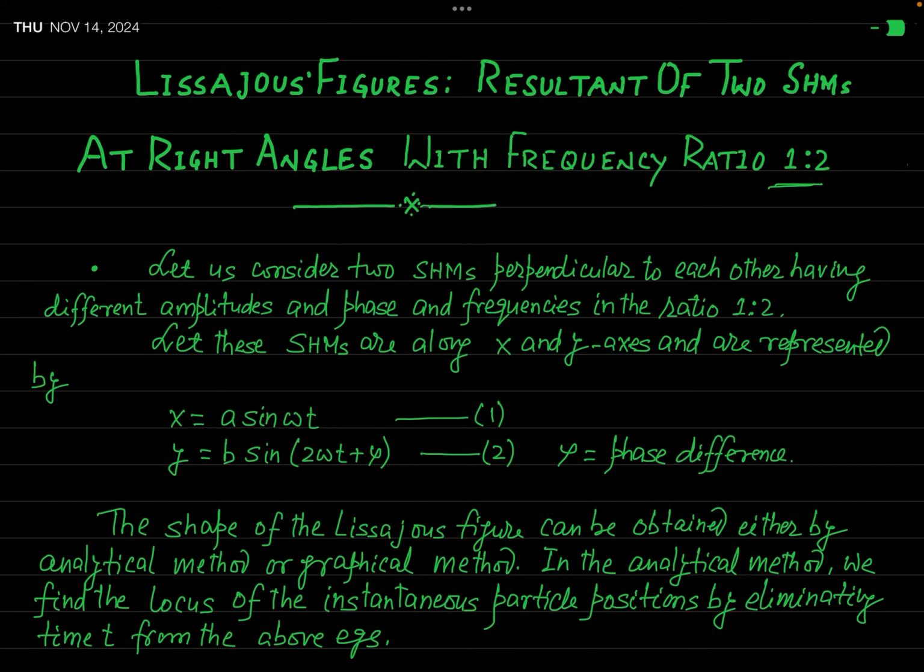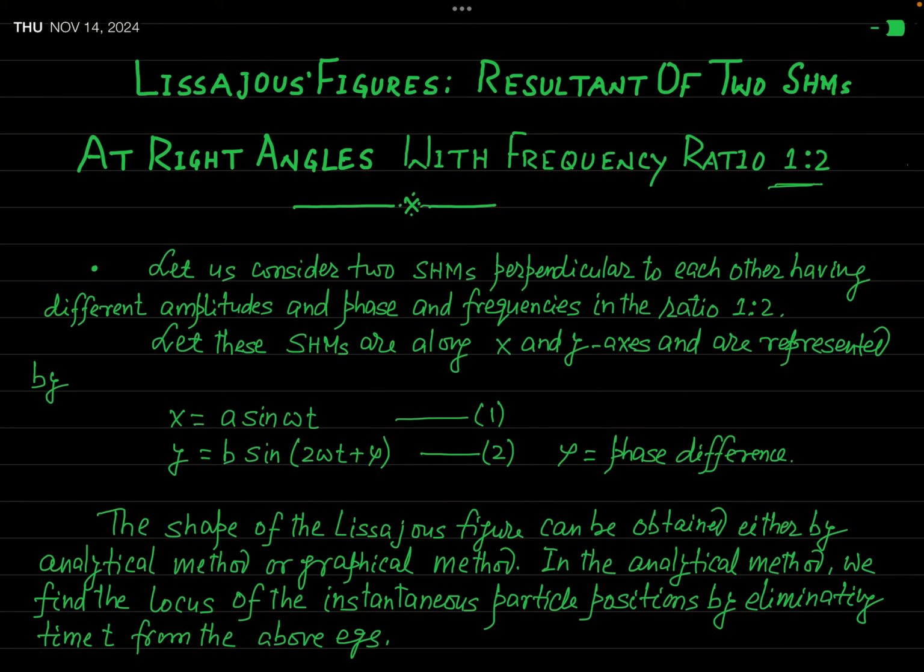The first case, when we considered that the two SHMs have equal frequency, was a simple case. But when the frequencies of two superposing SHMs are not equal, the mathematical calculation becomes somewhat complicated, and the Lissajous pattern will also be somewhat complicated.